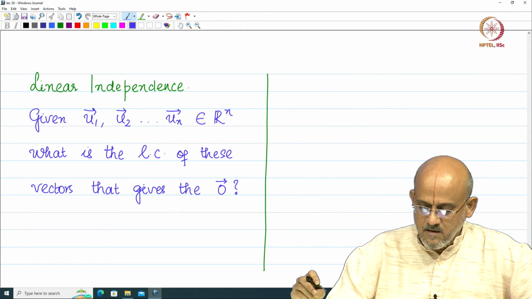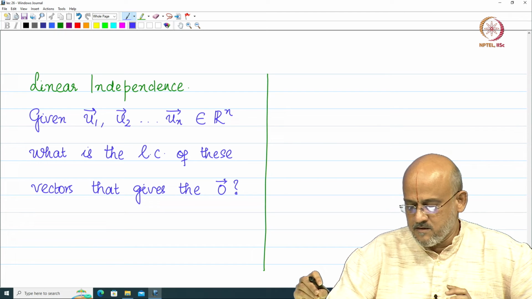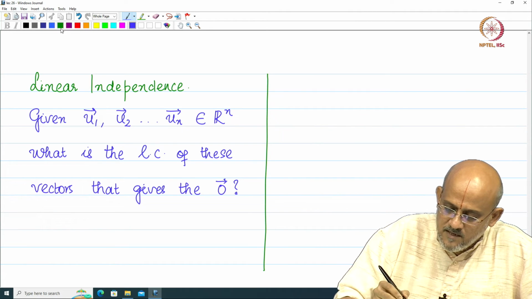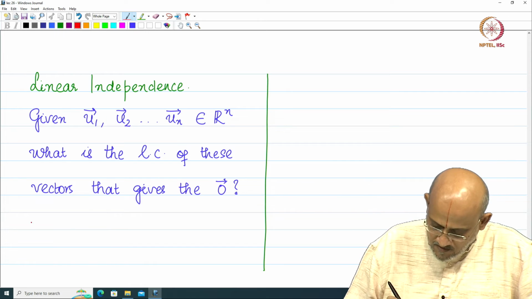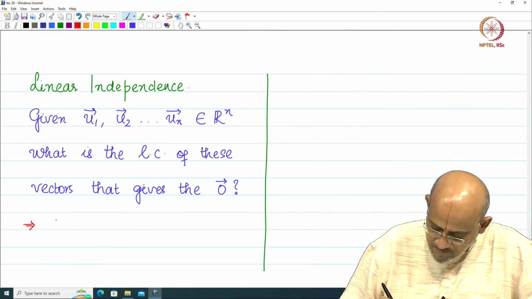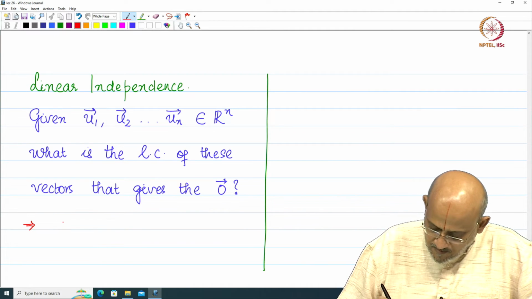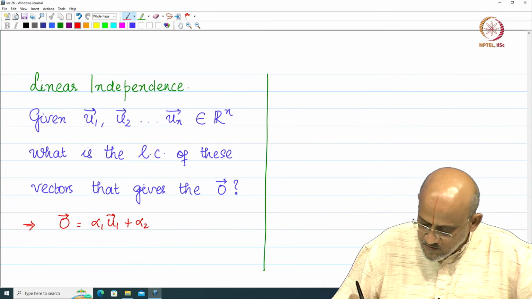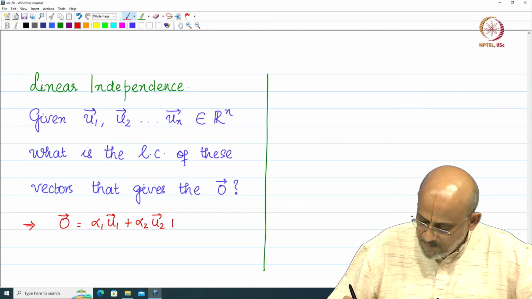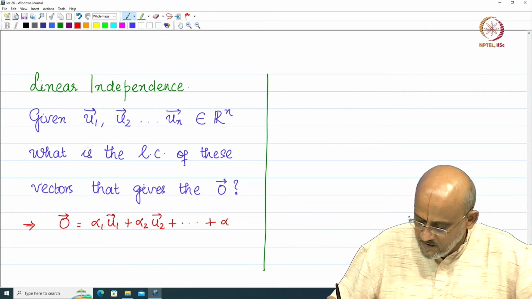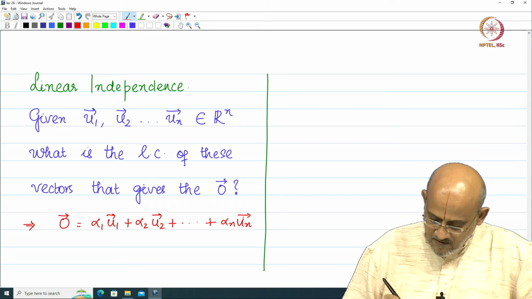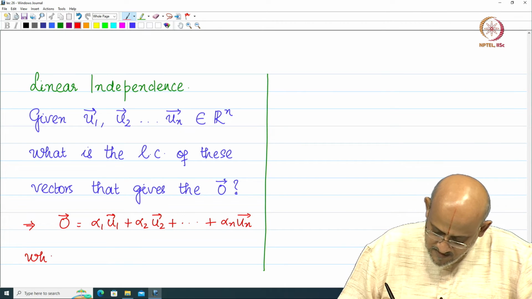Suppose I write the 0 vector equal to alpha 1 u1 plus alpha 2 u2 plus etc., plus alpha n un.